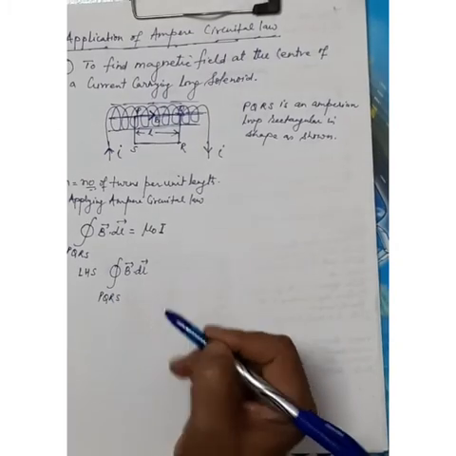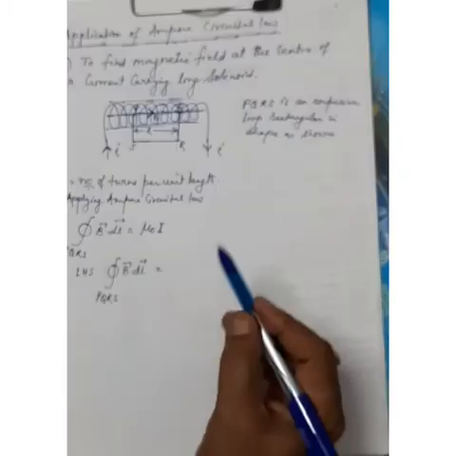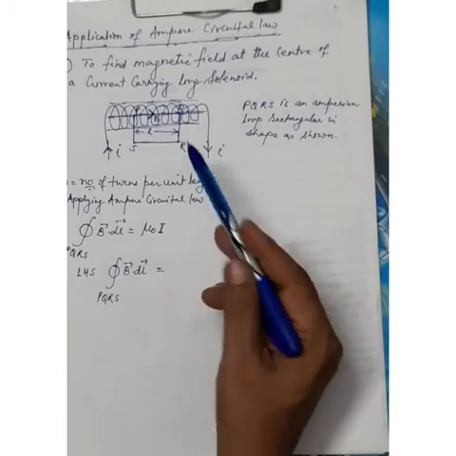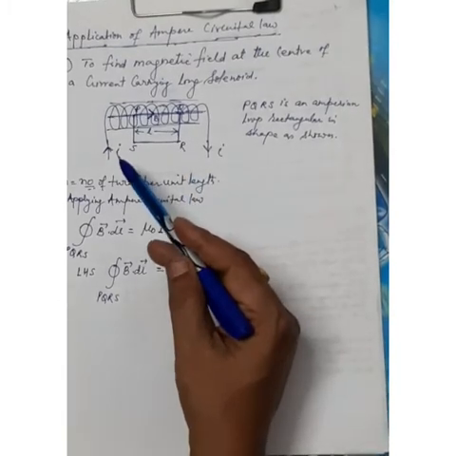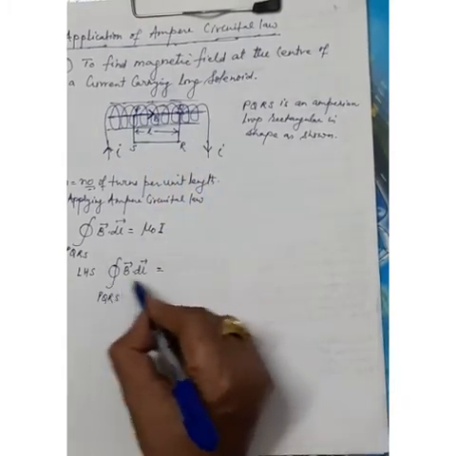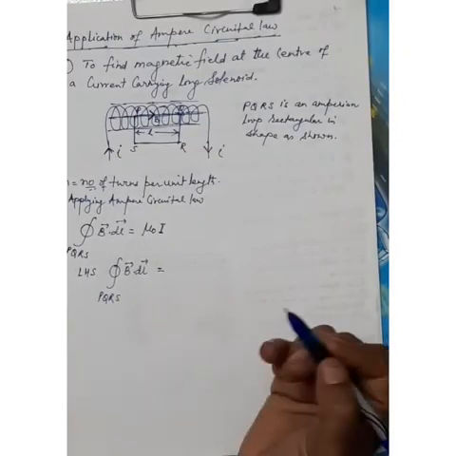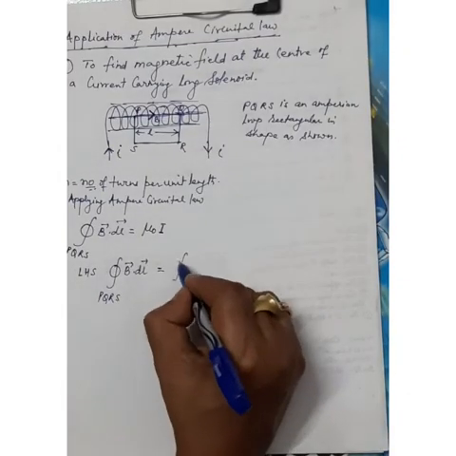Now we can expand this from P to Q, Q to R, R to S and S to P. So this integration can be broken into 4.